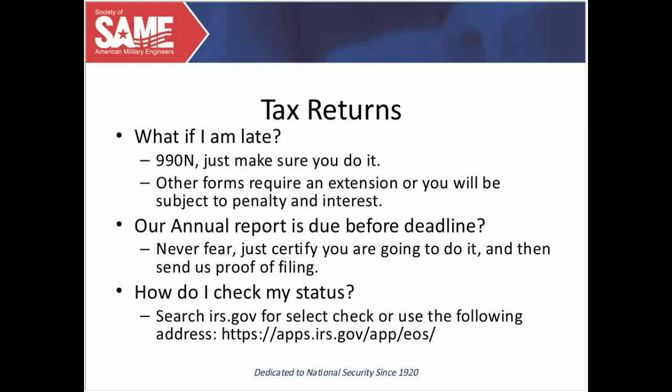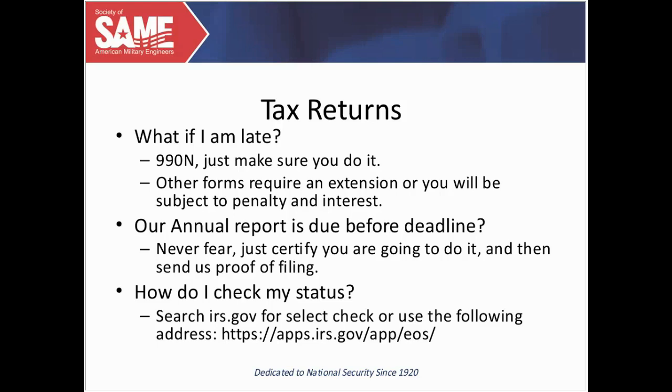Don't forget, if you have more than one tax ID, you must file more than one tax return. Also be cautious, make sure you file with your post's tax ID, not your national tax ID. If you want to check your entity's tax status, go to the IRS website and type in EO Select Check. It will take you to a tool where you can verify your status, when you last filed a return, and other post information.